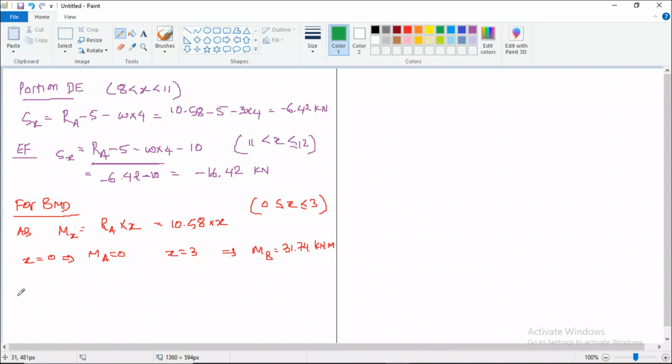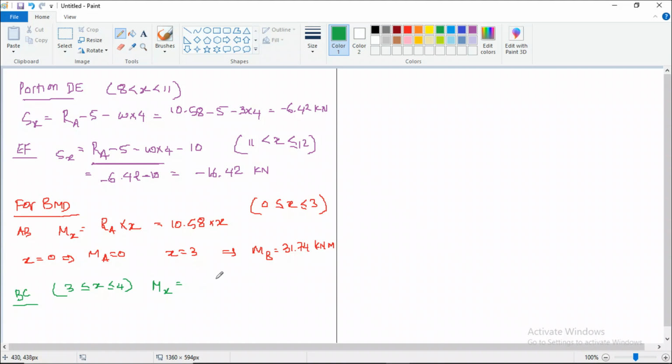Now let us move to the second portion, portion BC. Here the range will be 3 ≤ x ≤ 4, and your moment Mx will be equal to, we need to take the moment on the left hand side from the section which is taken in the portion BC.